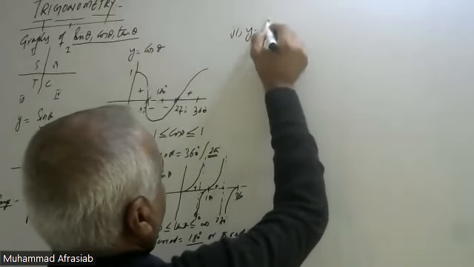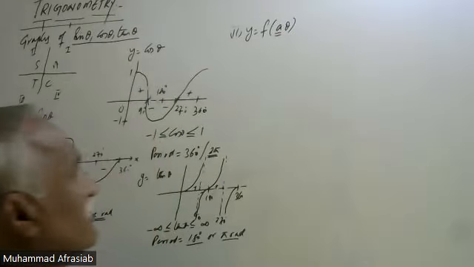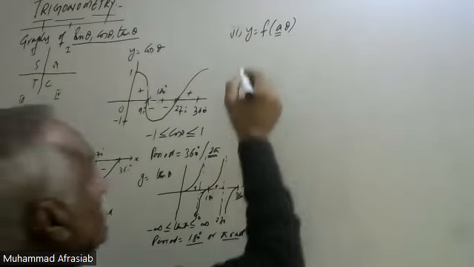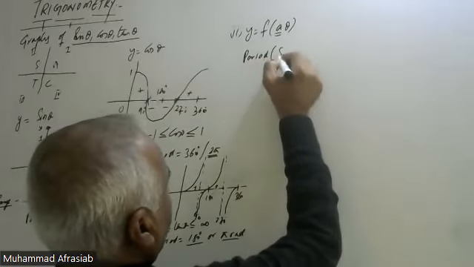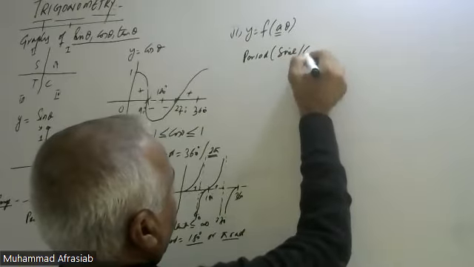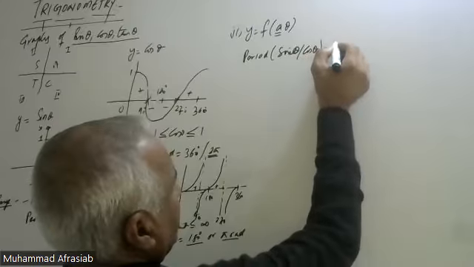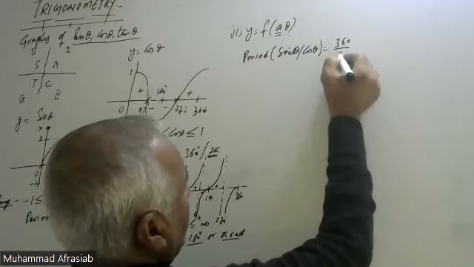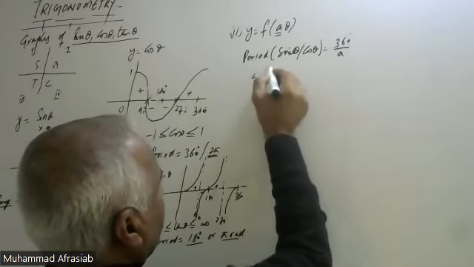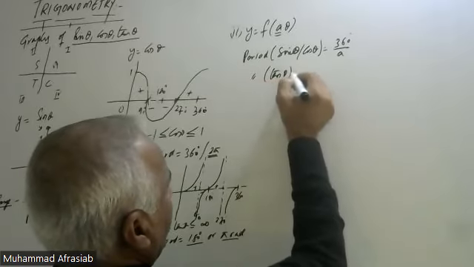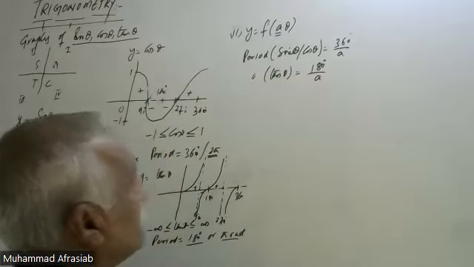Then, y equal to f of a theta. Now a is going to be multiplied with the theta angle. So the period for sin theta and cos theta is 360 over a, and the period for tan theta will be equal to 180 over a.